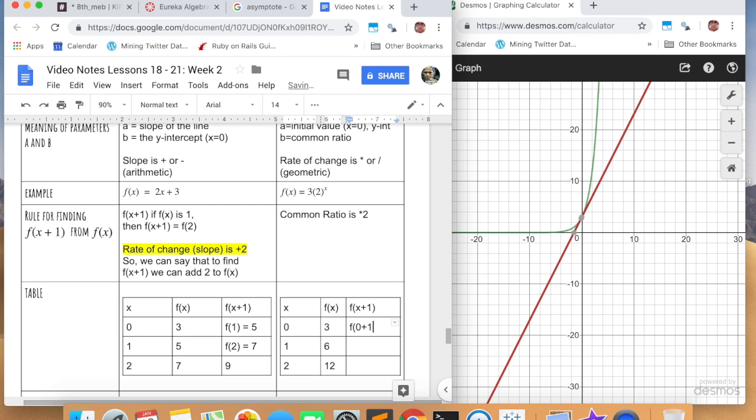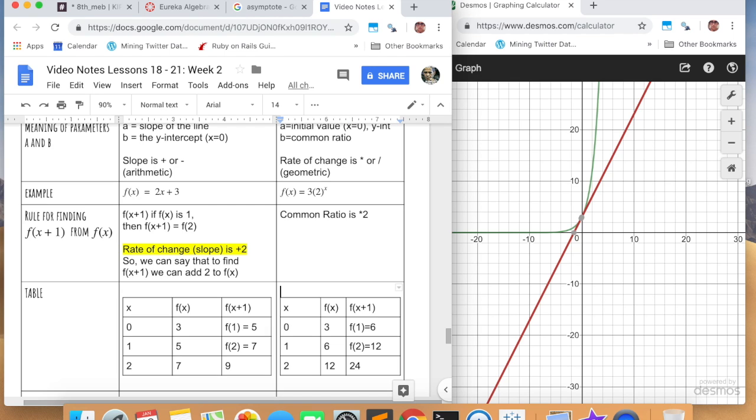So if I'm using that knowledge to fill out the values for f of x plus 1, then I just add 1 to that x. So f of 0 would be f of 1. F of 1 would be f of 1 plus 1, which is 2, and so on.